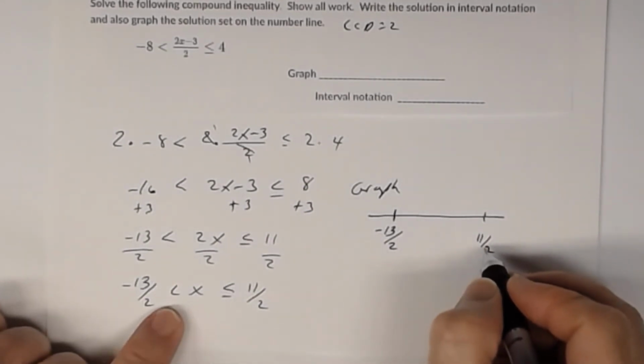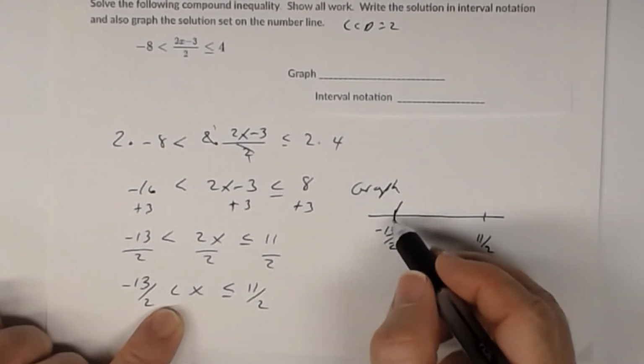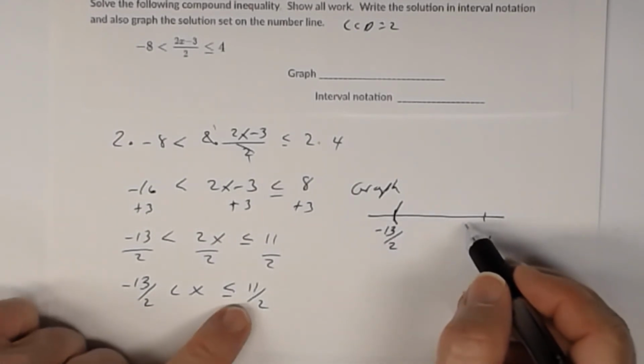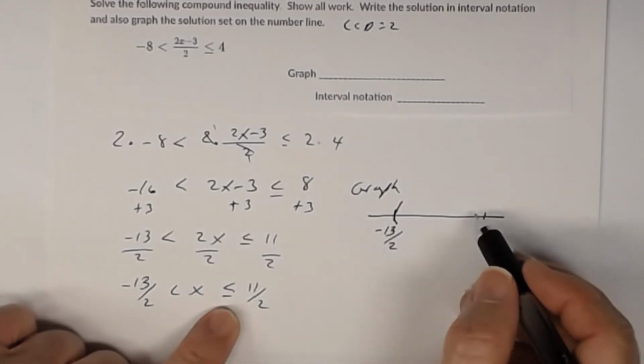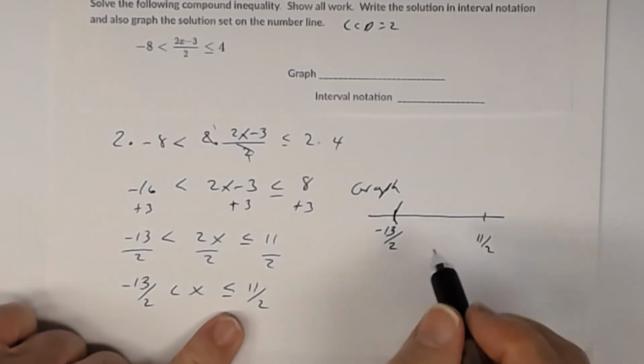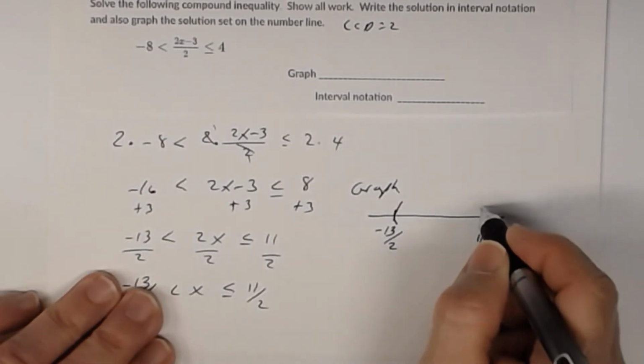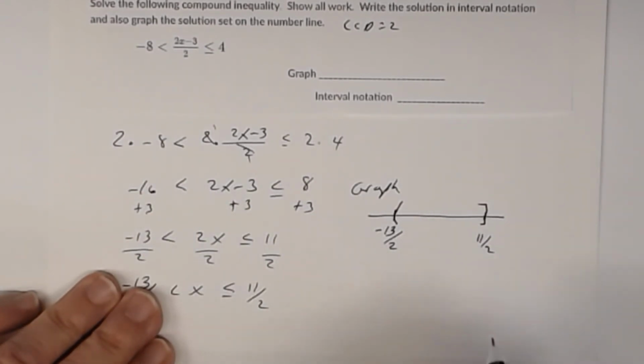Now remember, less than, so that's parentheses. Put the parentheses on that tick mark. We've mentioned that in those lessons. Then 11 halves, that's an equal sign, so that means 11 halves will be a solution to the original, but you're going to put a bracket there on that tick mark just like that.